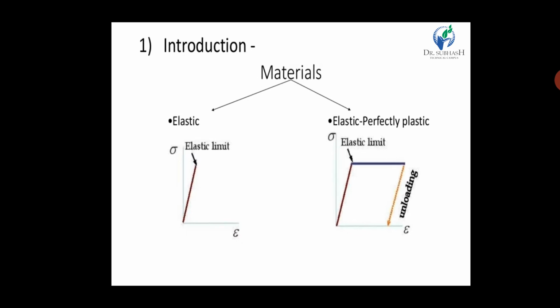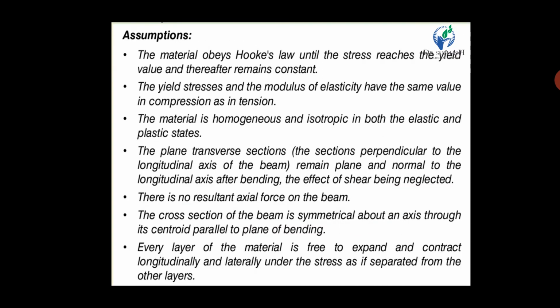Now the next slide, assumptions. There are some assumptions to achieve the plastic state or yield stress before failure. First, the material obeys Hooke's law until the stress reaches fy. Second, the yield stress and modulus of elasticity have the same value in compression and tension. Third, the material is homogeneous and isotropic in both the elastic and plastic states.